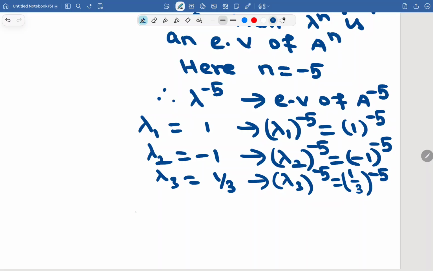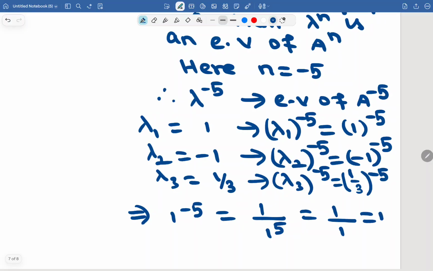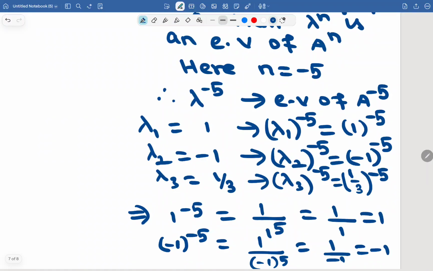What is 1 power minus 5? 1 by 1 power 5, 1 by 1, 1. What is minus 1 power minus 5? 1 by minus 1 power 5, 1 by minus 1, that is minus 1.